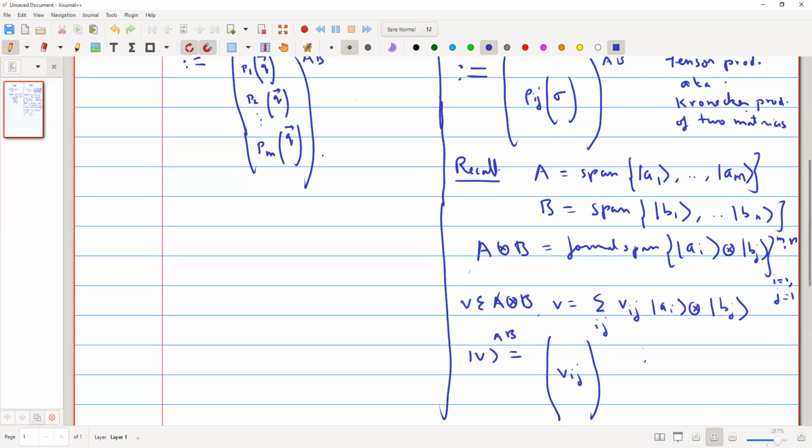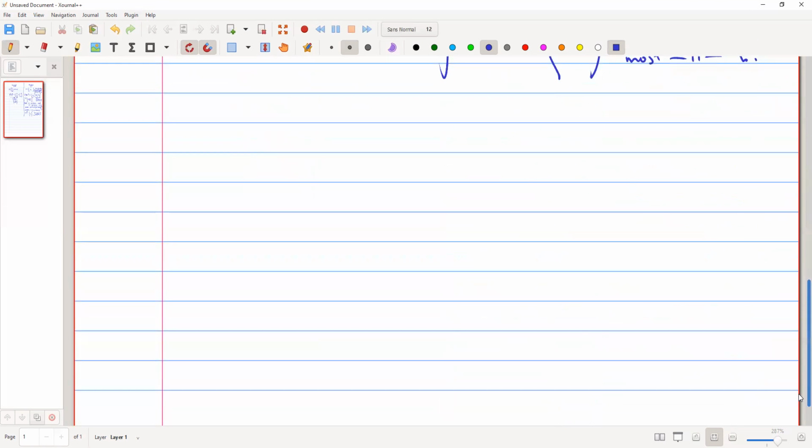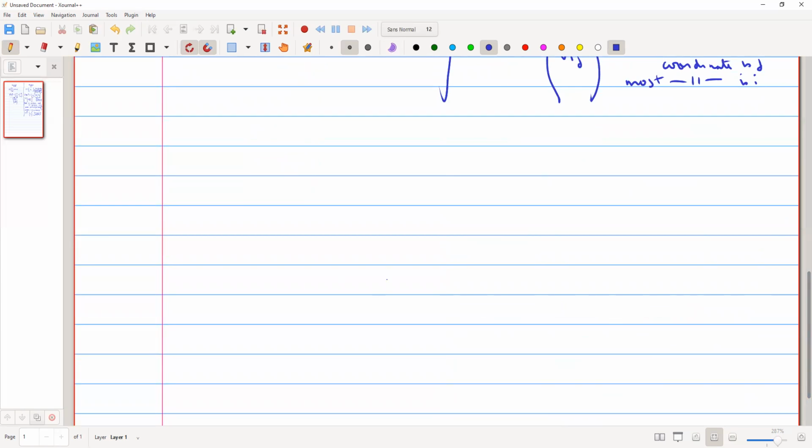Again, the least significant coordinate is j, and the most significant is i. So it's reminiscent of the lexicographic order here. That is the ordering I will choose. And with respect to this ordering, if you recall, we have calculated what the tensor product of two vectors is.